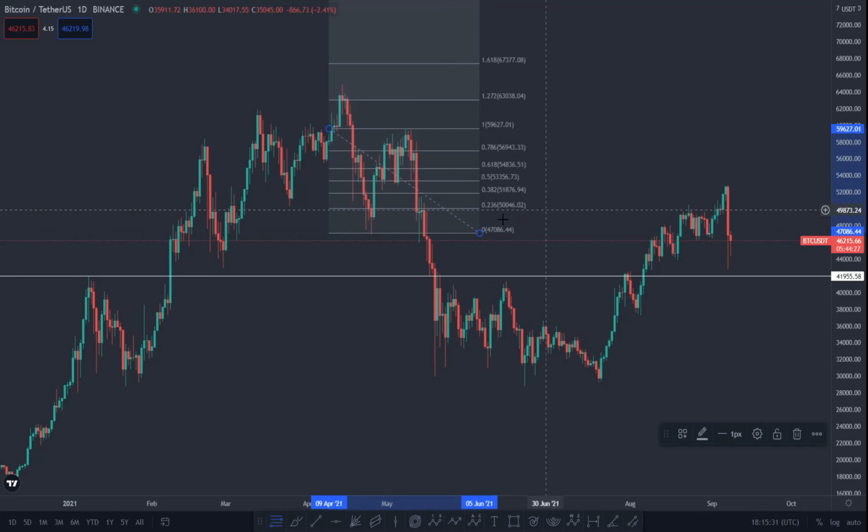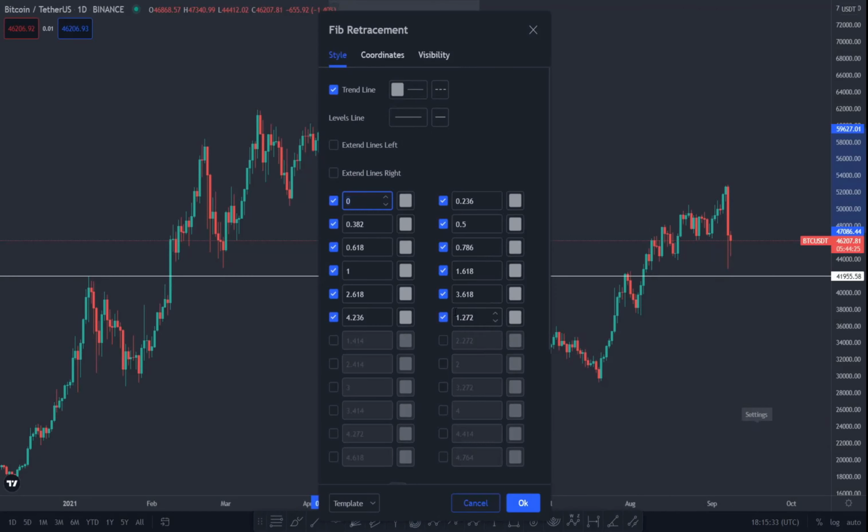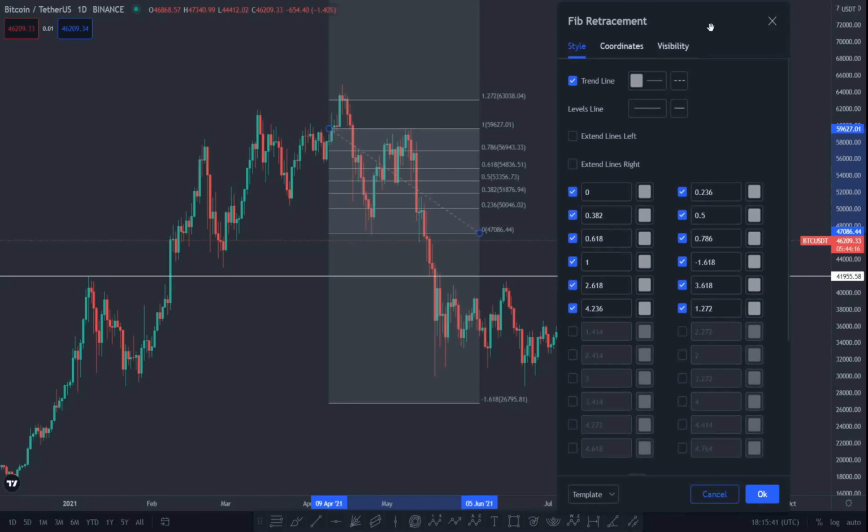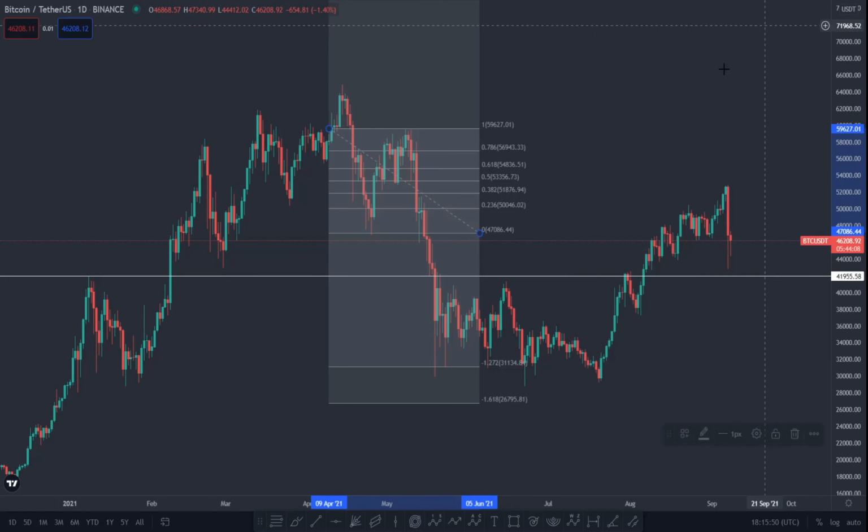Let's add some minus levels to the settings. Minus 1, where's my minus? Minus 1. Great. Yep. Well, let's do this one as well. Boom.